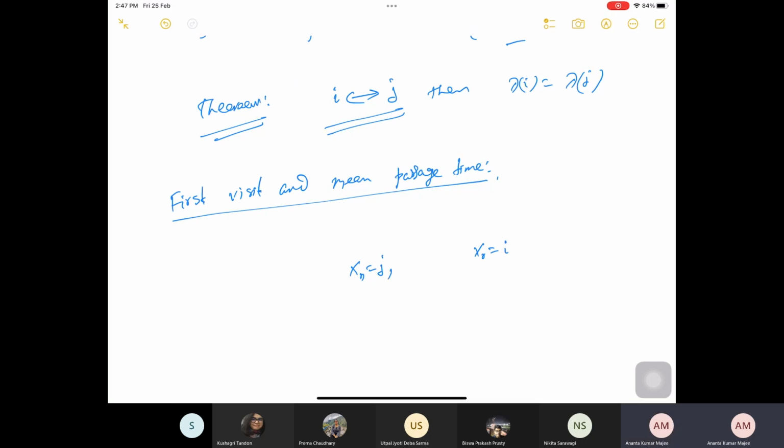That means X_k in between is not equal to j for 1 less than or equal to k less than n. You start with state I, and the first time you visit state j is at step n. That we denote as f_ij of n. What is the probability of these things? That we denote as f_ij(n).